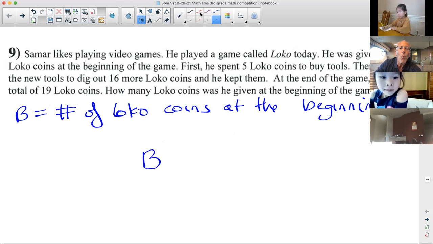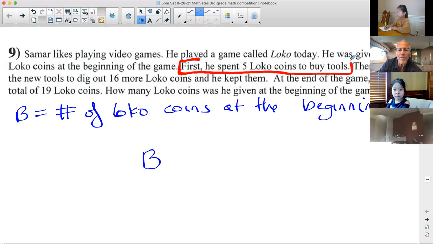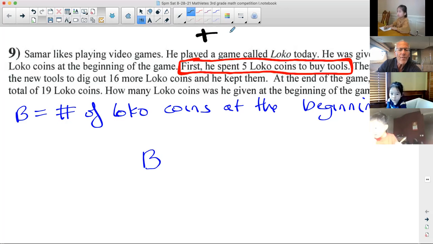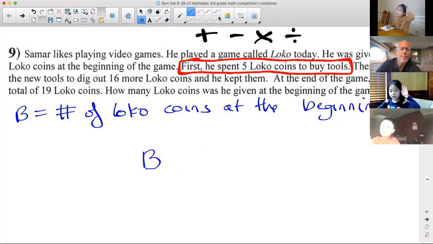Then what does it mean when it says that he spent 5? Do we add 5 to the B? Do we subtract it? Do we multiply it? Do we divide it? Which operation means we spent it, Catherine?